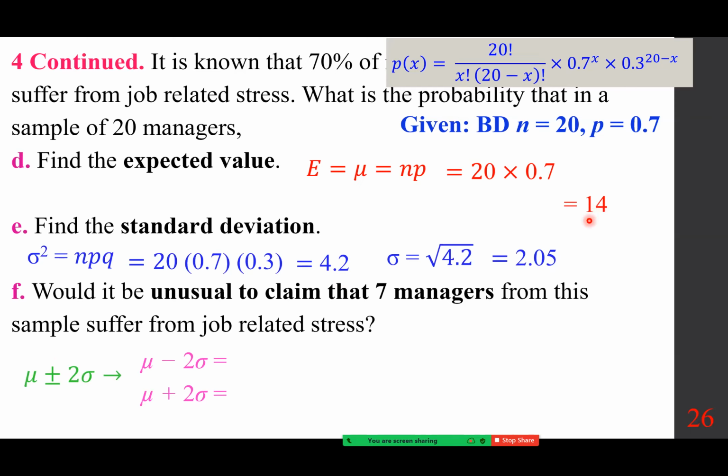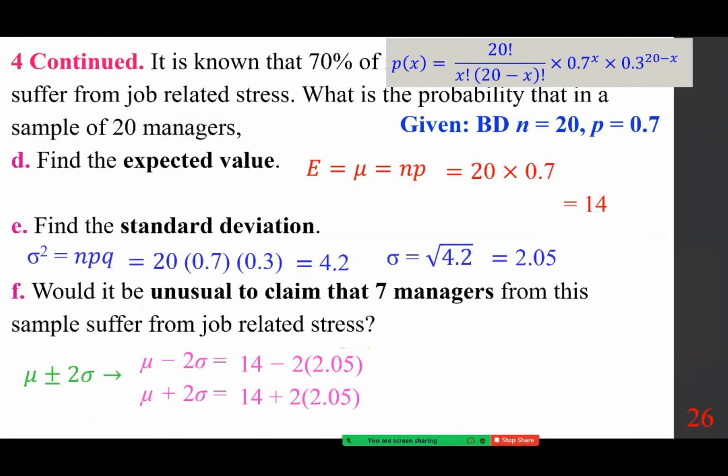So 14 minus 2 times 2.05 and 14 plus 2 times 2.05.